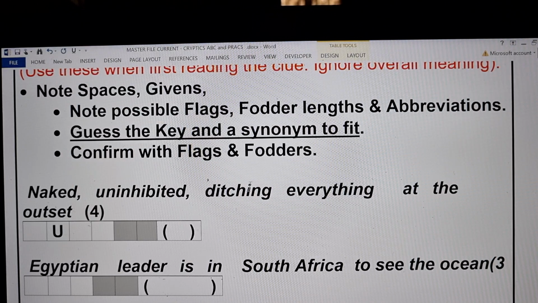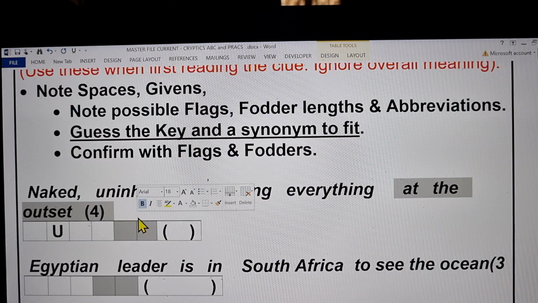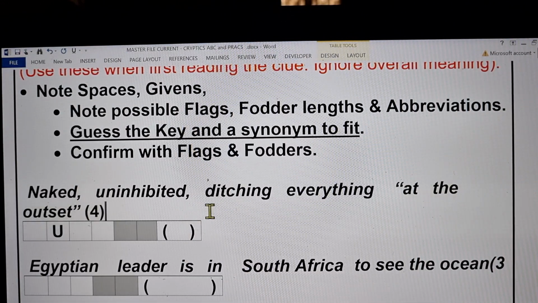Okay, down here, ditching everything, or at the outset. At the outset to me looks very much like it could be an acronym flag. So we go to the first letters. Well, I should go to the key first. This flag's at the end, so the key would probably be at the front. Okay, at the start. So naked.